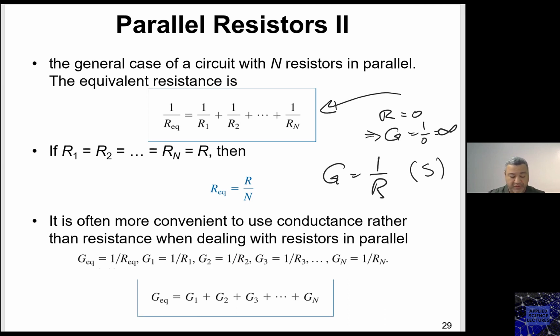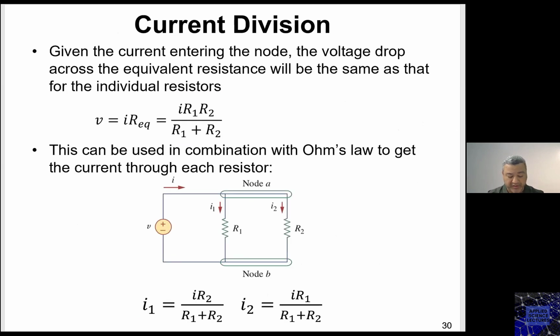Now, if the conductance is the inverse, then it makes sense that the 1 over R equivalent is indeed the G equivalent. And then the inverses for those resistors would be the conductance of the first resistor plus the conductance of the second, because conductances are the inverses, and I'm adding here the inverses of all those resistors in parallel. We will see where this can help when it comes to applying the current division.